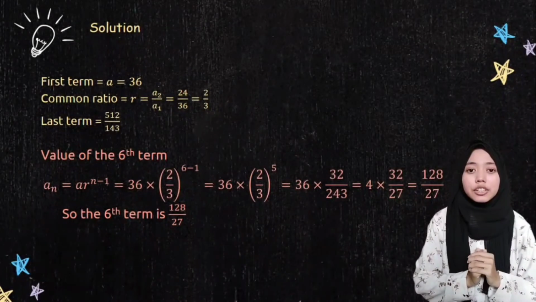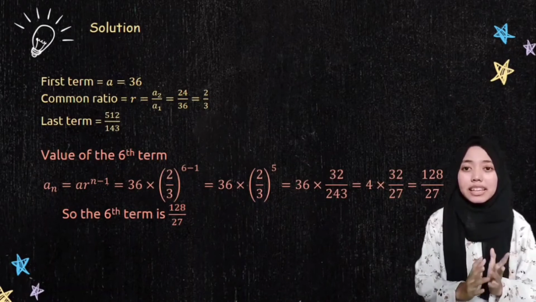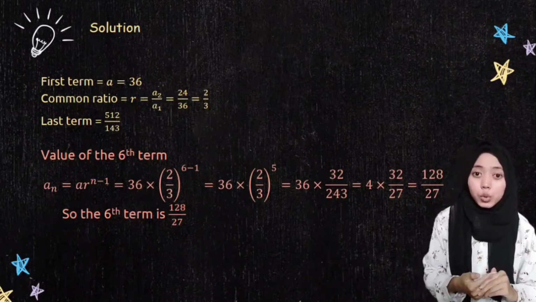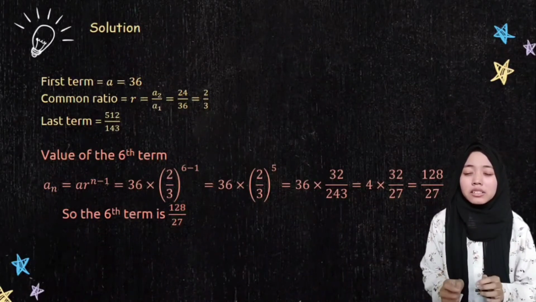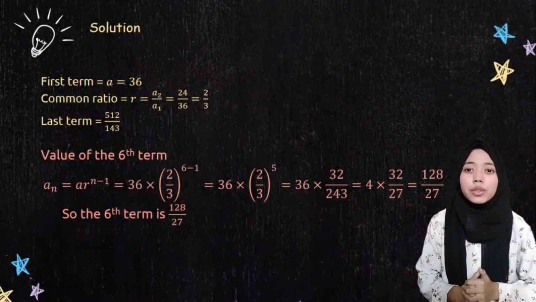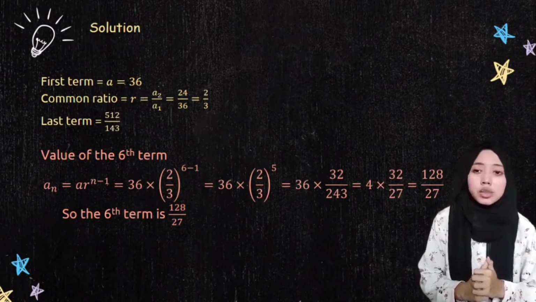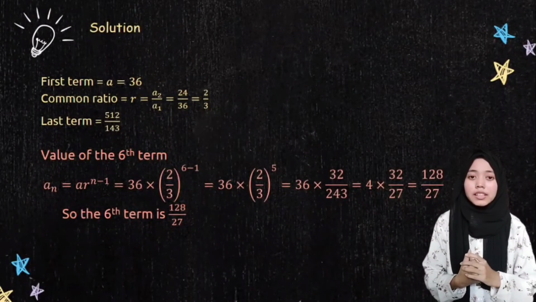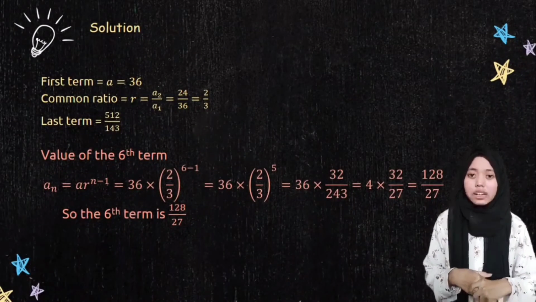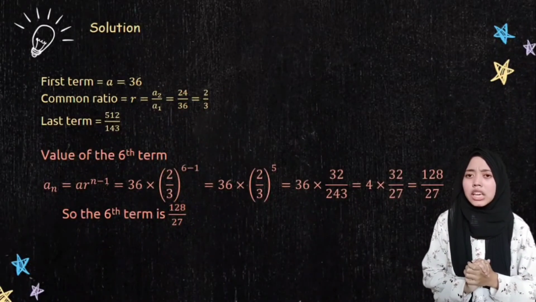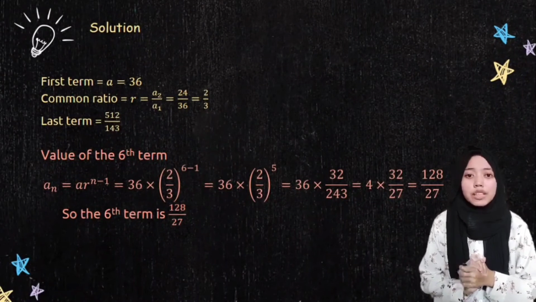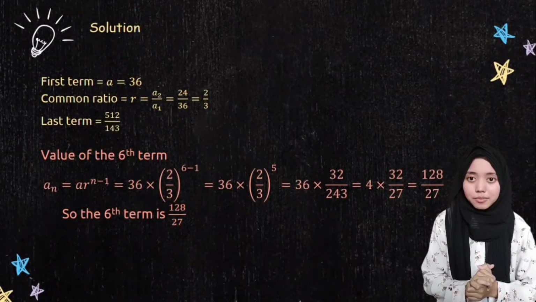But before that, we know that the first term, a, is 36 and the common ratio, r, is a2 divided by a1, so 24 divided by 36, so we get r is 2 divided by 3. And then we know that the last term is 512 divided by 143. The first question is the value of the sixth term, so we will find a6.